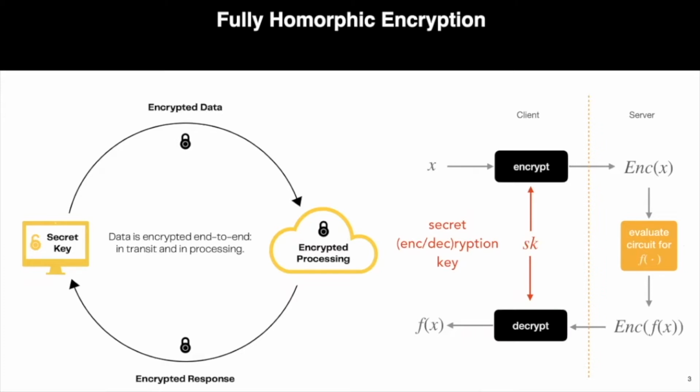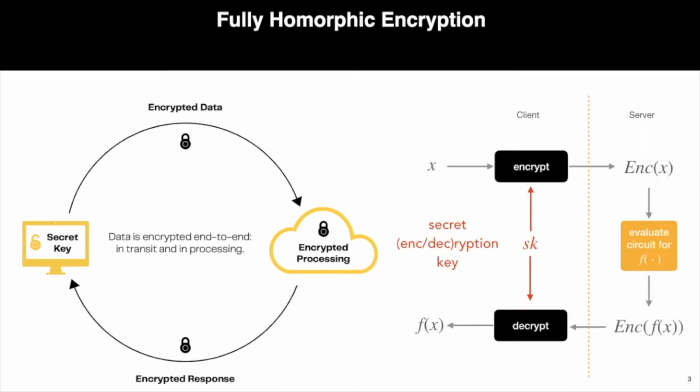So if you look on the right of the slide, you can see mathematically how it works. So you have your data X. You have generated an encryption and decryption key SK. So you encrypt X on your device, and then you send it to the server, and then the server is able to perform the evaluation of the circuit F directly on the encrypted values with just public stuff.